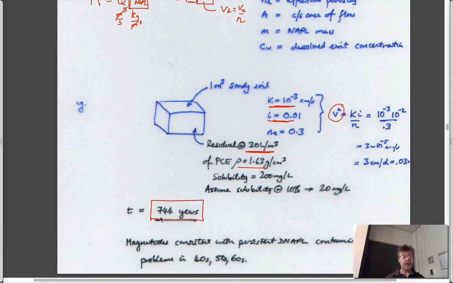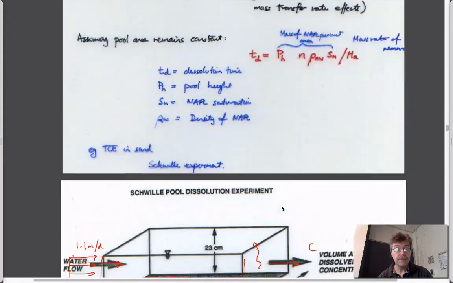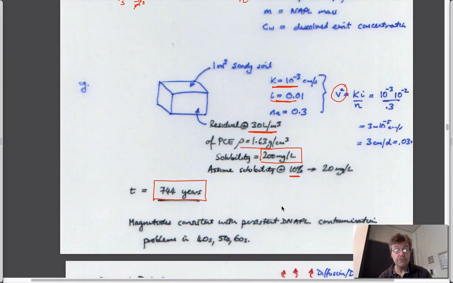The reason it takes so long is because the solubility is very small in the first place. And if you reduce your solubility by a factor of 10 because of what we saw here, then you have a really small solubility.